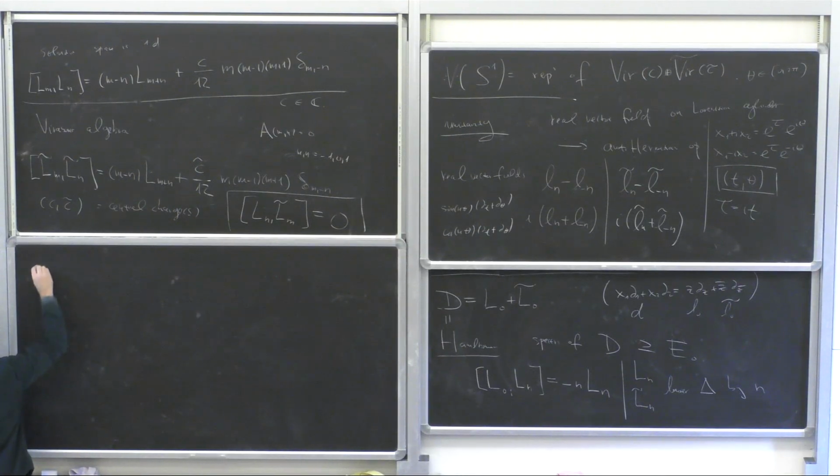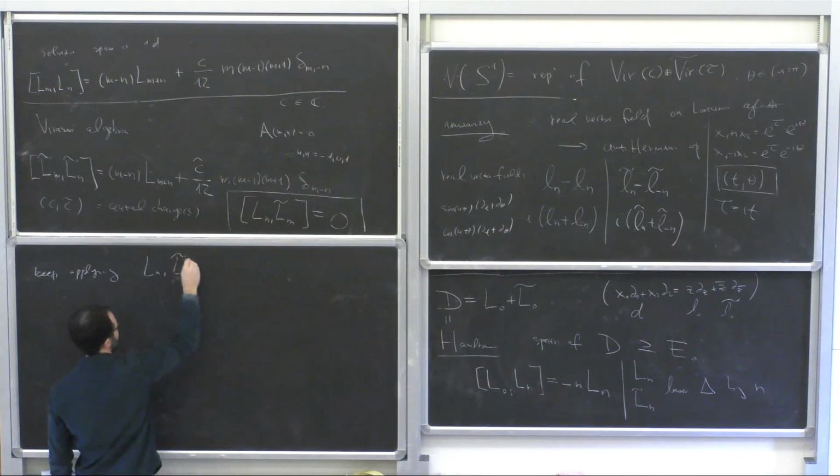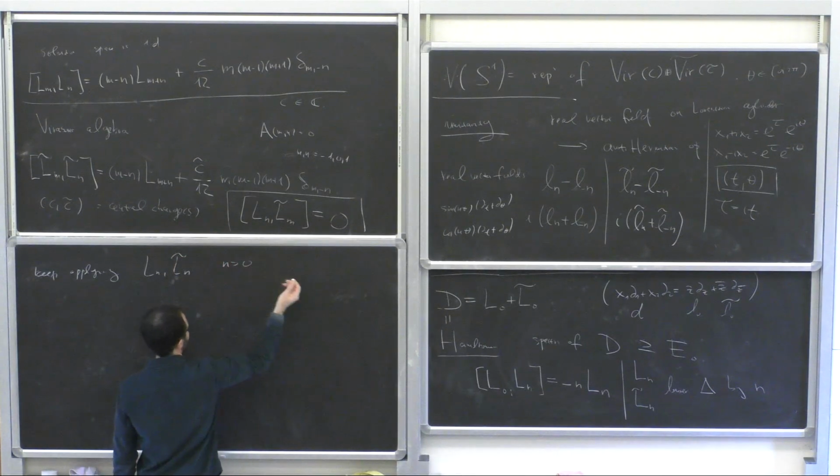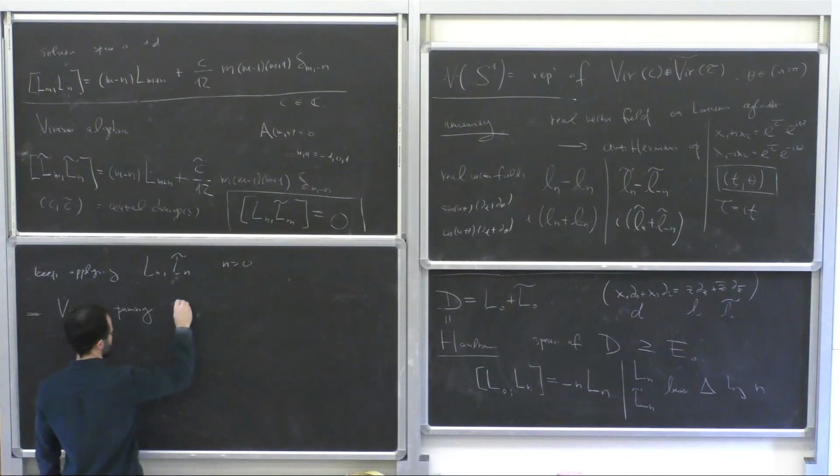If we keep applying the Ln's and Ln tildes with n positive, then eventually they're going to annihilate our state. So this leads to the notion of a Virasoro primary state or operator.